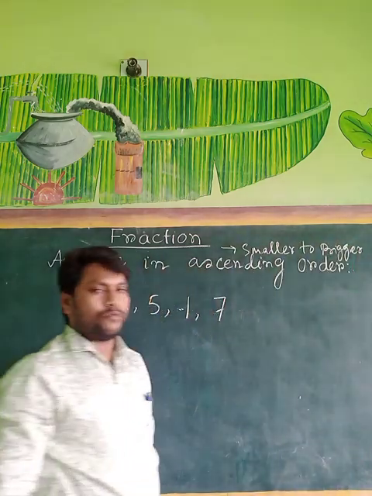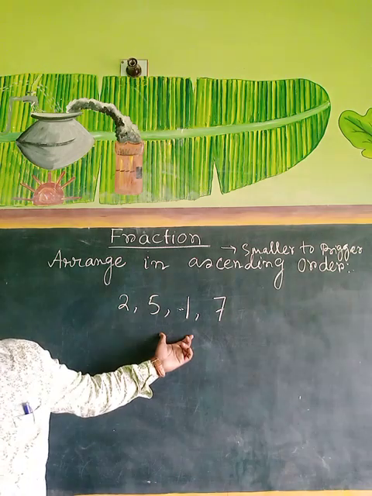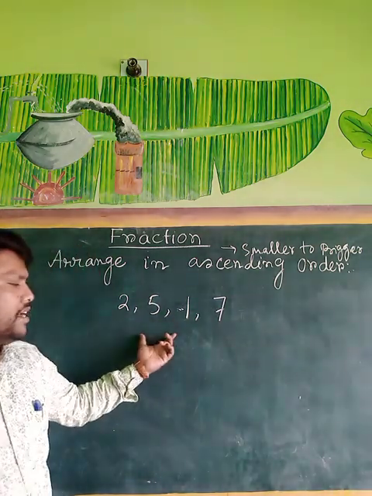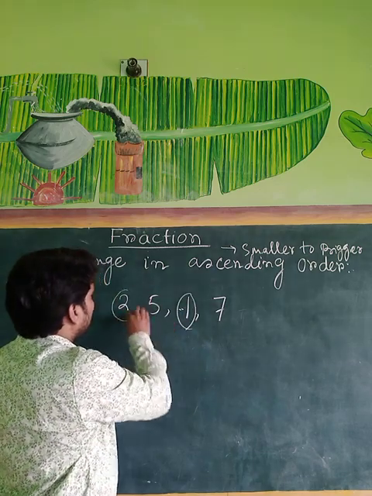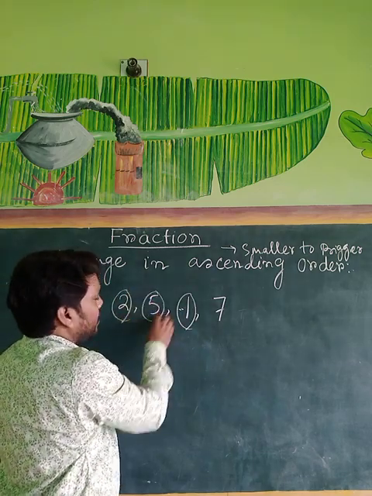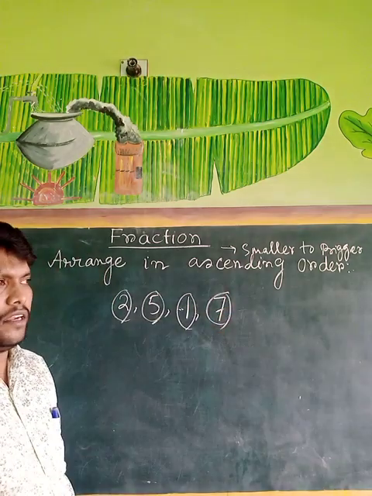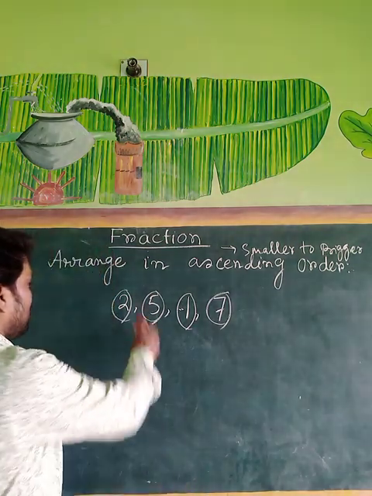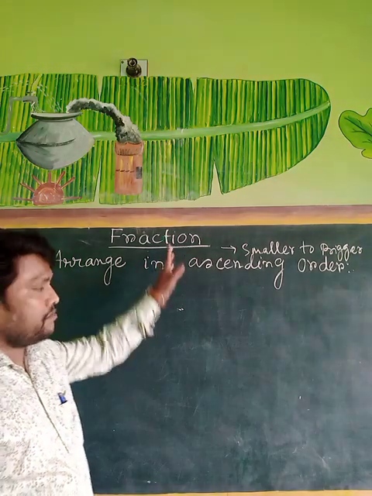Ascending means smaller value to bigger value. In case of natural numbers, you will obviously find which is smallest: 1, then greater 2, then 5, then 7. You have done this in the previous classes, but we are discussing the chapter on fractions.